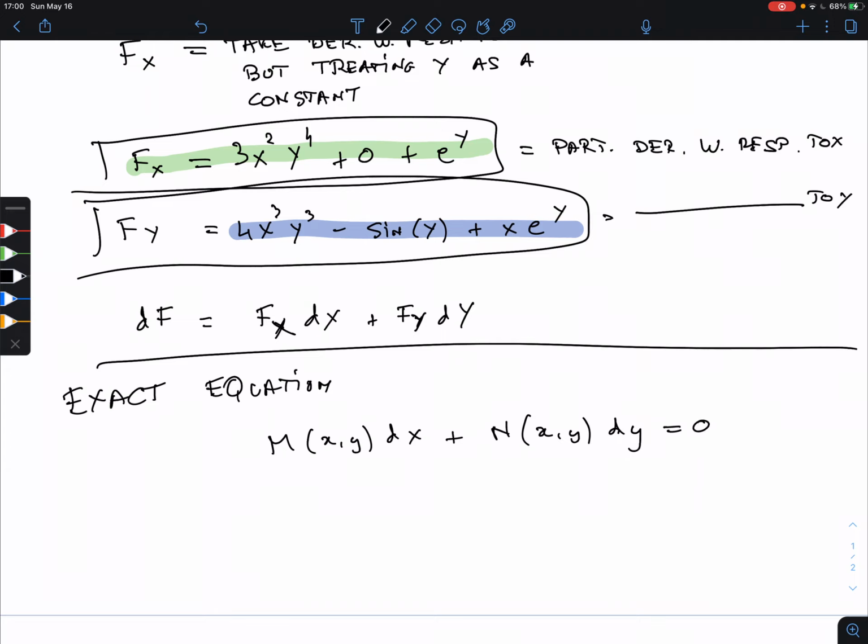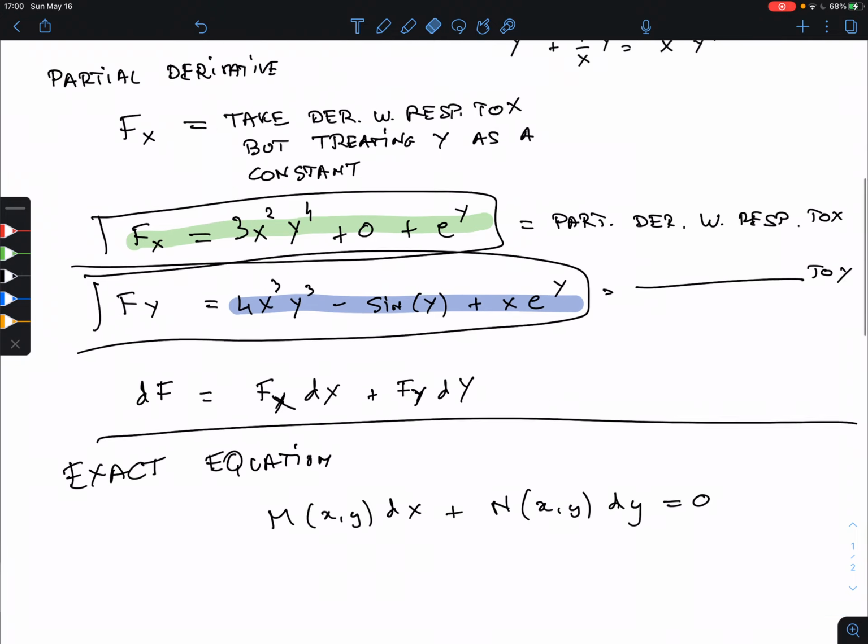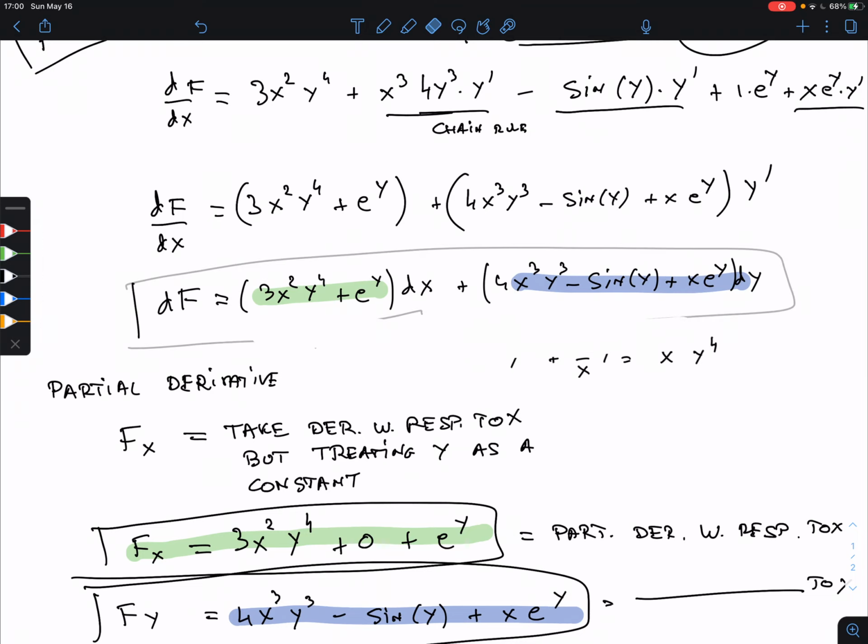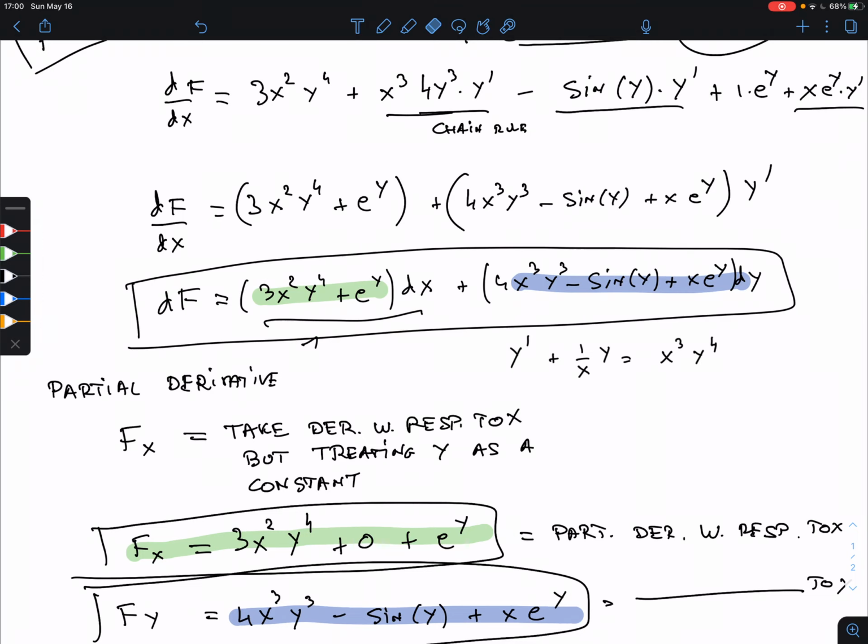Here we have the dx and dy instead of a y prime, so this is of course equivalent to this equation. And then hopefully you see this is a first order differential equation, but this is the better form, because it's already of this type.